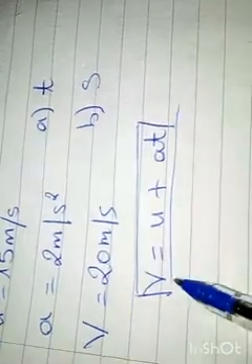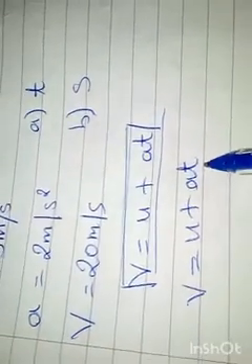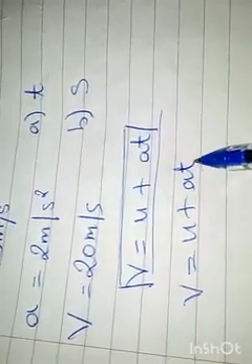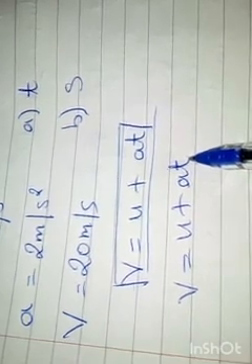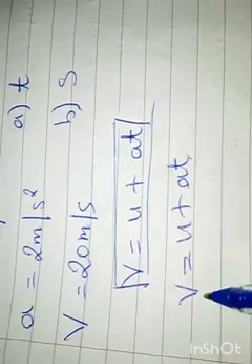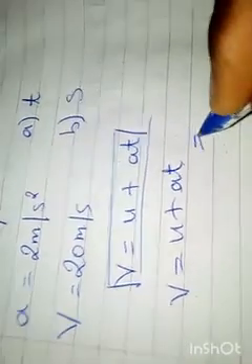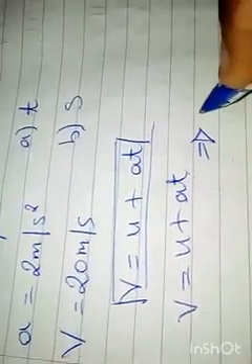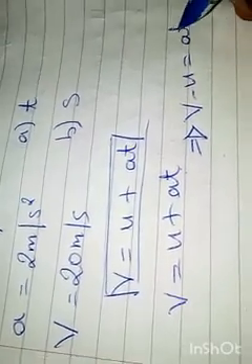Now from here, v is equal to u plus at. What do you need? t. So it is a call for you to make t subject of the formula. How do I do this? The first thing is to send u to the left hand side of the equation, and I divide by a. Finally, what do I get? v minus u is equal to at, and I divide both sides by a.